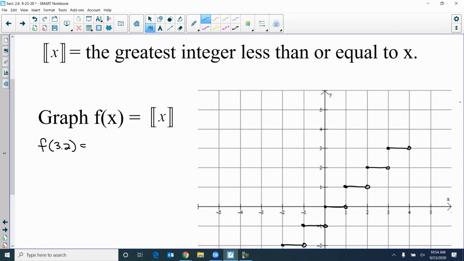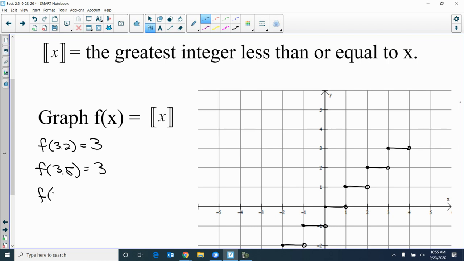Okay, it would be 3. So when you go to 3.2, the answer is 3. And so what is f of 3.5? What is the biggest integer less than 3.5? It would be 3.